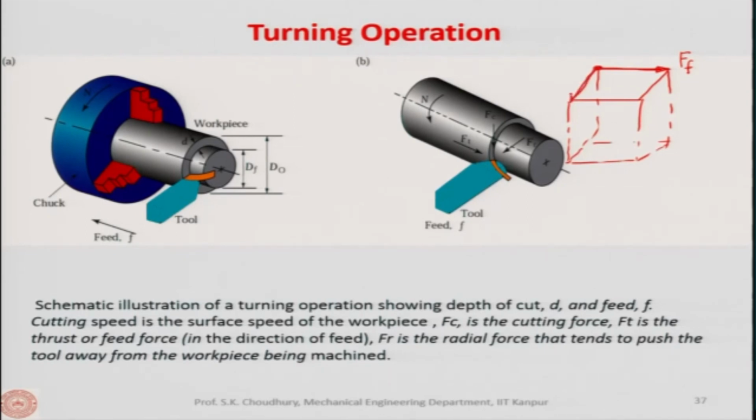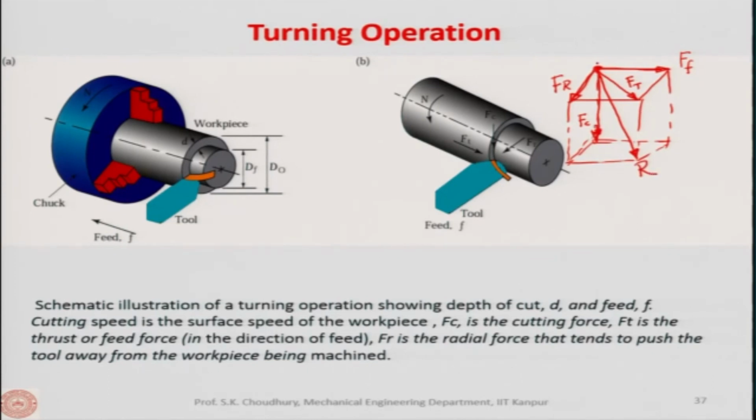This is in the radial direction, so this is Fr. The summing of that will be the Ft, thrust force, all right, and the cutting force will be in this direction here. This is the cutting force Fc, okay, and the resultant force will be from this to this point. If you connect these 2 points, this will be the resultant force.